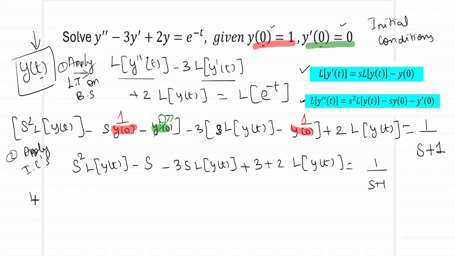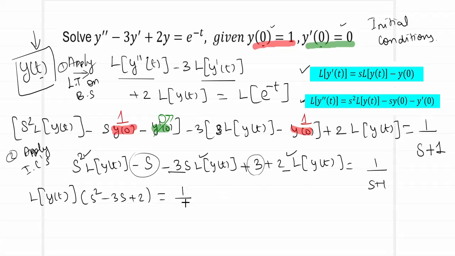Now, let me collect Laplace of y of t to one side. So, what are its coefficients? s square over here, minus 3s over here, and 2 over here. So, these are my coefficients of Laplace of y of t. What are the left out quantities? Minus s plus 3.